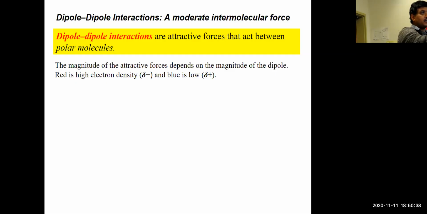Here we highlighted that dipole interactions are the attractive forces that act between polar molecules. Only polar molecules will experience dipole-dipole interactions. Non-polar molecules cannot have dipole-dipole interactions, because having polarity is the primary requirement.